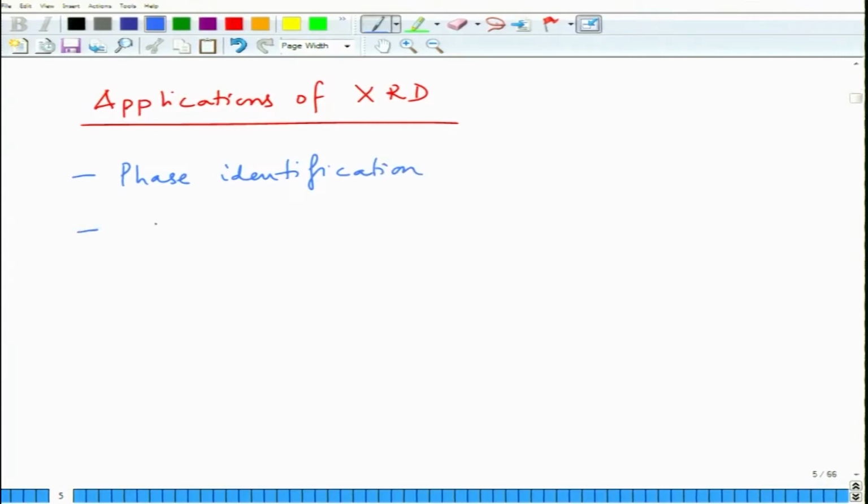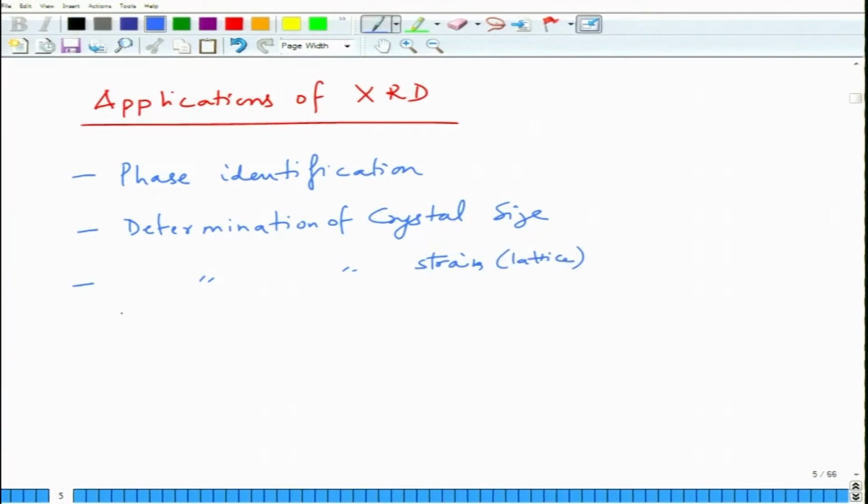Then you can use it for determination of crystal size, determination of strain, lattice strain can be determined, and one can determine the crystal quality.